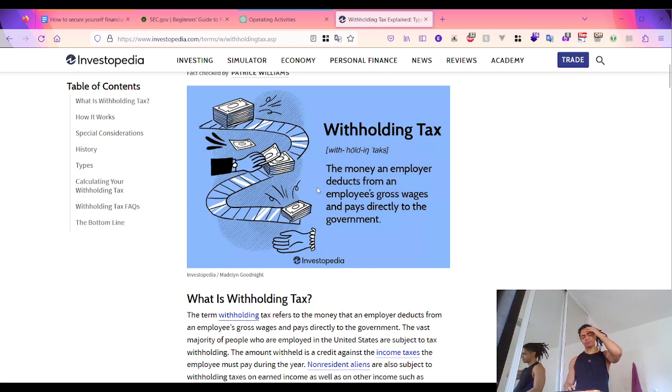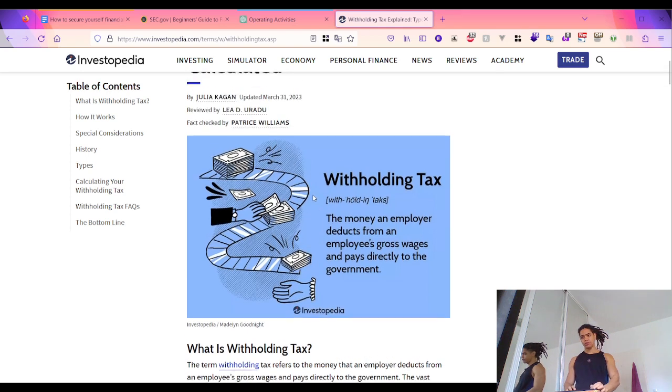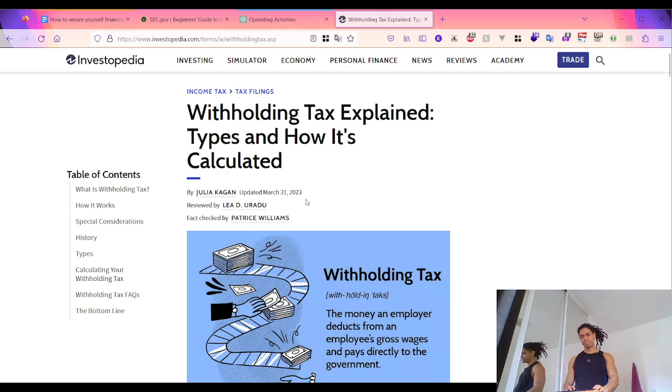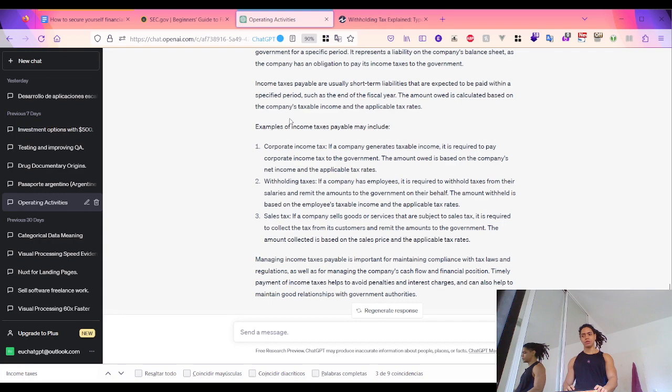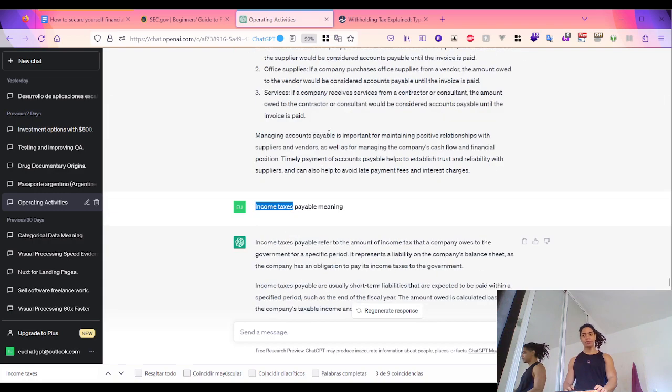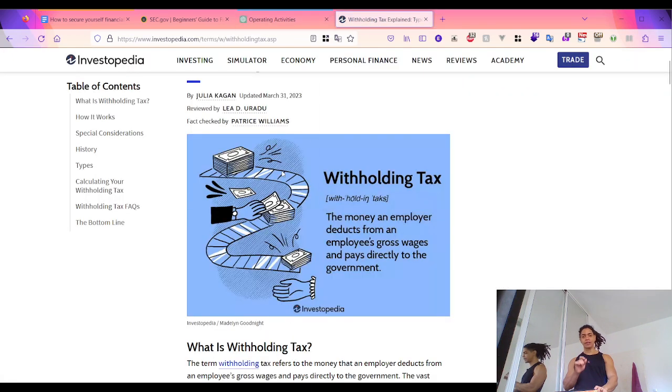Looking at this, withholding taxes. Again, this is one of the examples of income tax payable.